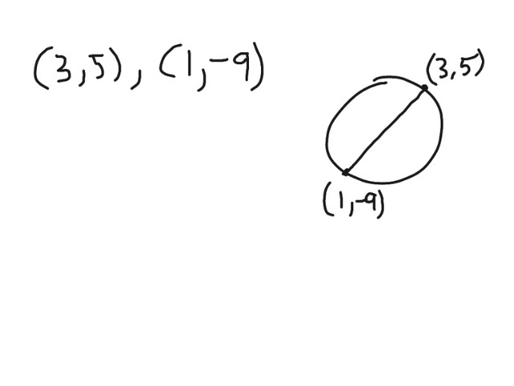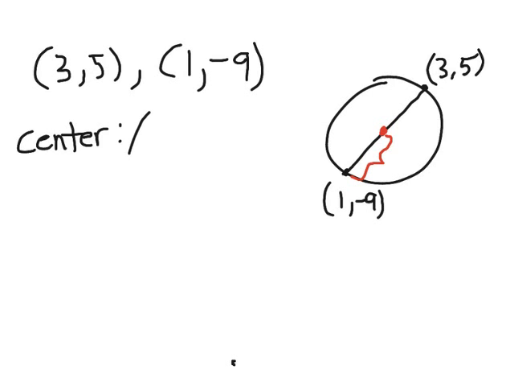What we need to know is the midpoint, because the midpoint will give us the center of the circle, and we need to know the radius. Well, the radius is half of the distance. So here's where the distance formula and the midpoint formula come in with circles. To find the center, I find the midpoint.